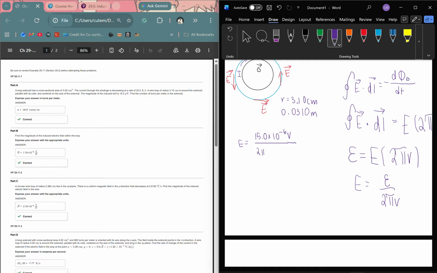Then we have 2 pi r, and r is 3.10 centimeters, which we converted to meters. Now I'm going to calculate it in the calculator.